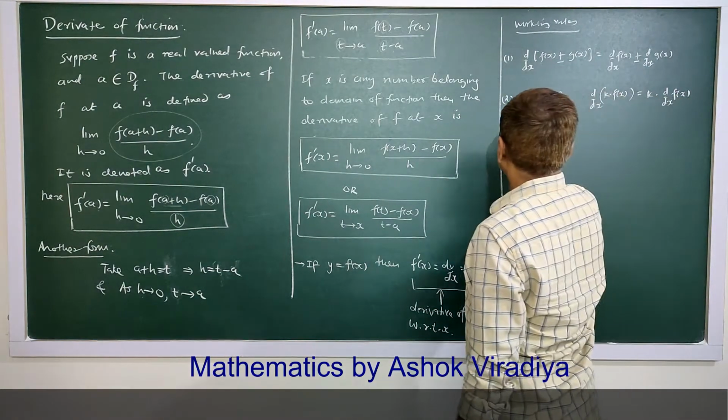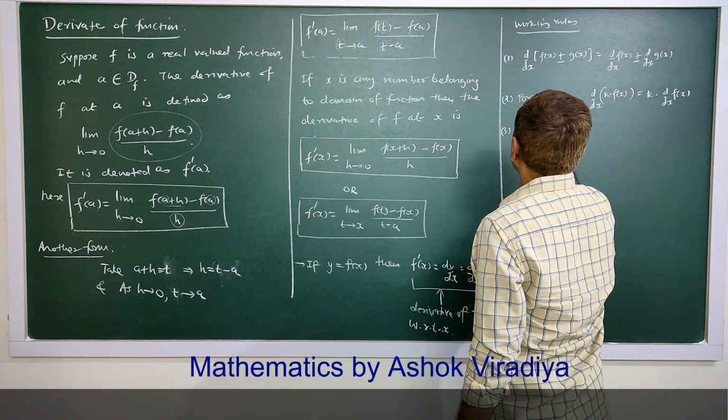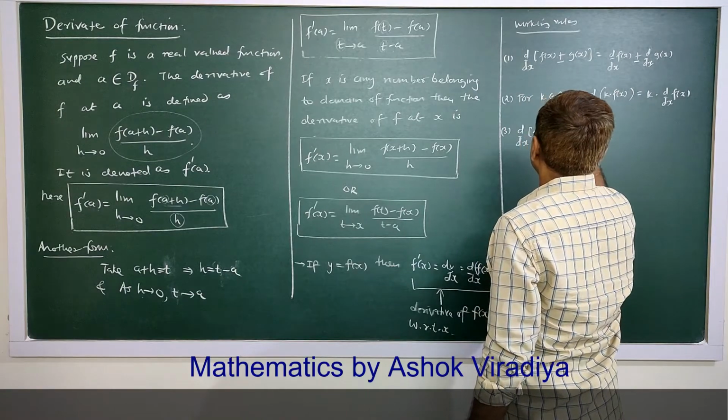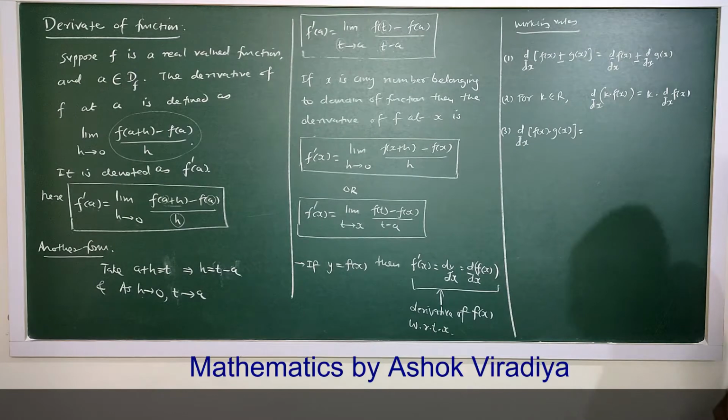Third rule is d by dx of f(x) into g(x).